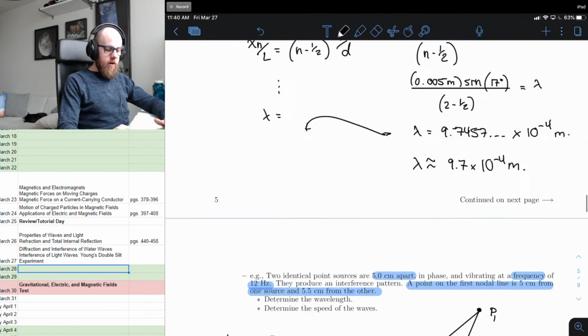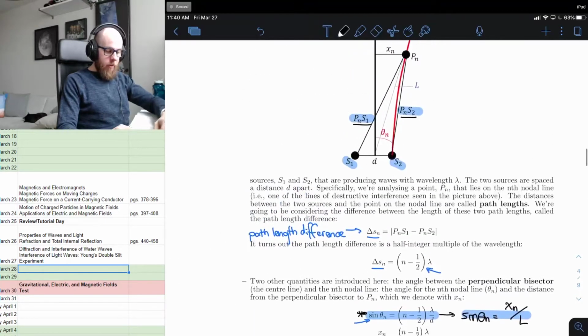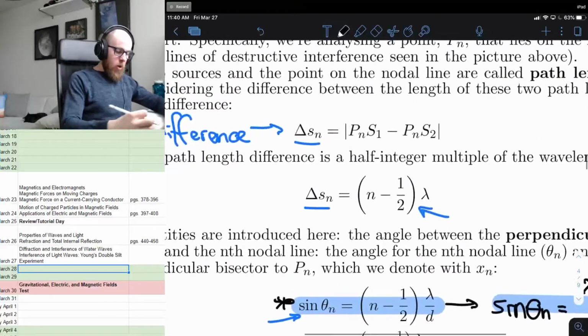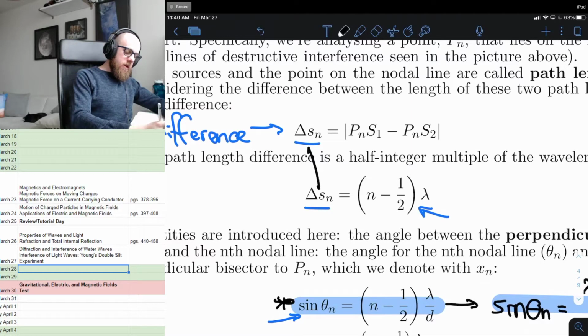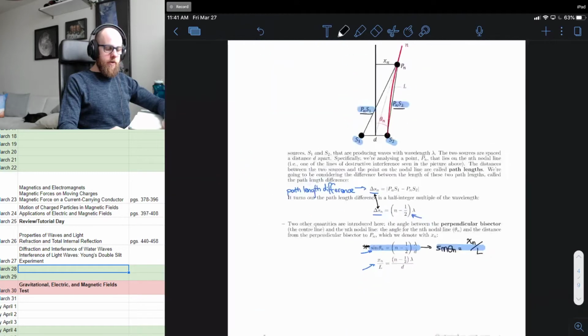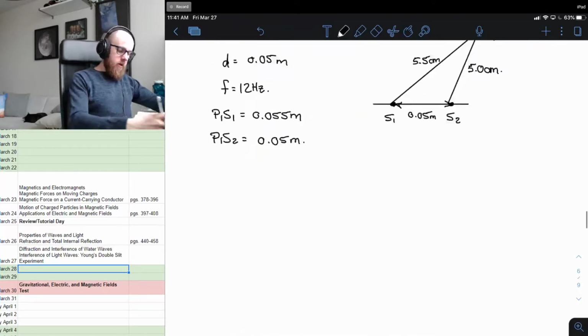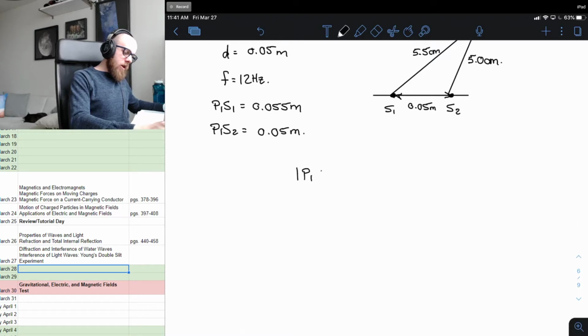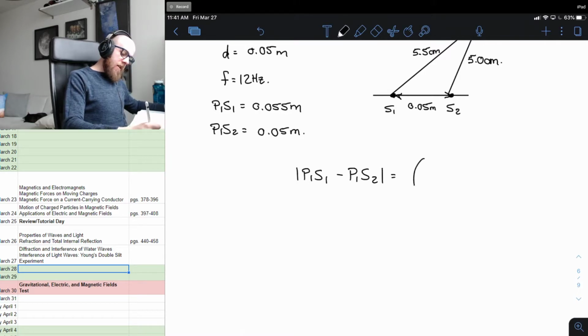And so what I'm going to use here is the formula that I have for the path difference. Coming all the way back up to here, I'm told that the path length difference between the two points is equal to n minus a half times lambda. So I'm going to be using this formula right here. So I have P1S1 minus P1S2 equals n minus a half times lambda.